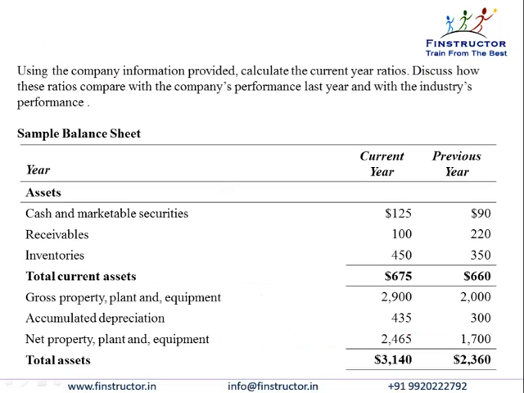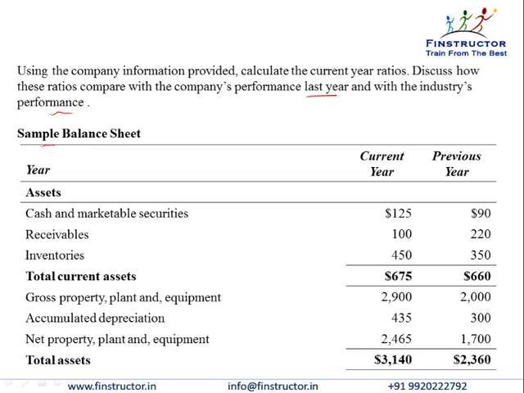So we'll do an example and understand these concepts and ratios better. Using the company information provided below, calculate the current year ratios, discuss how these ratios compare with the company's performance last year and with the industry's performance.